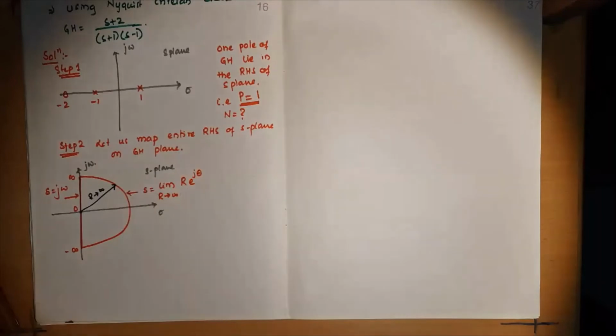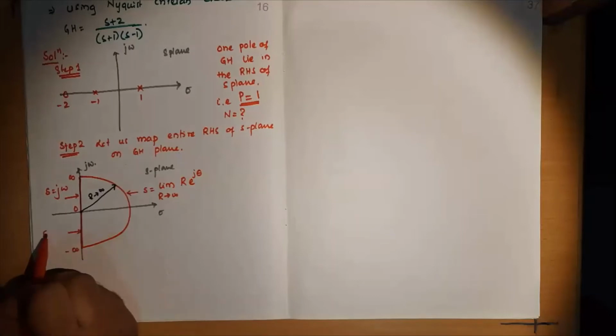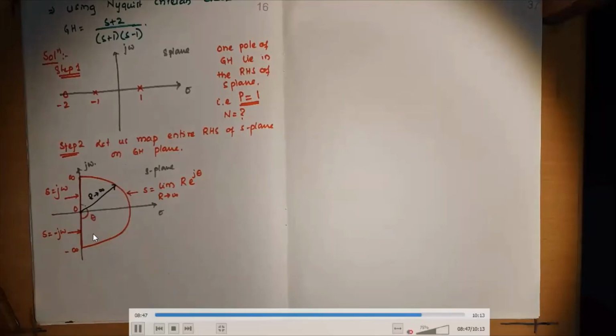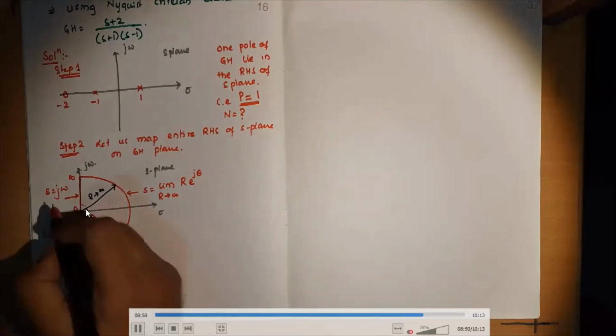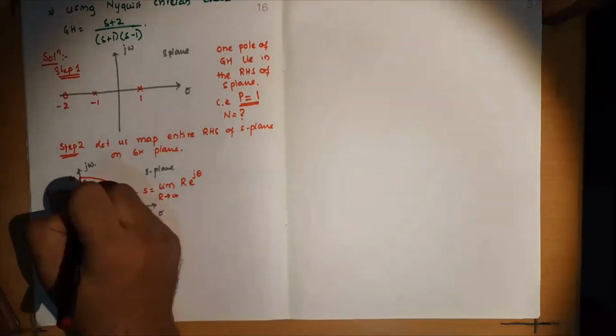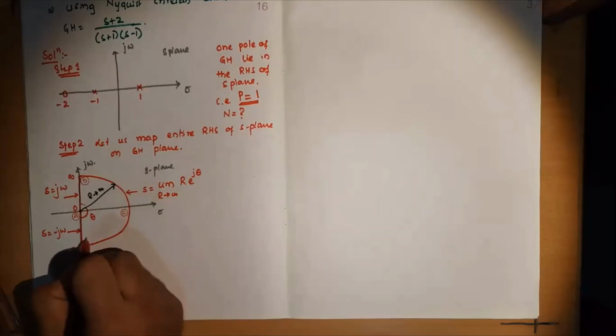So S is equal to limit as r tends to infinity, r into e raised to j theta. And the third path is S equal to minus j omega. So this is theta. So I'll mark points A, B, C, D.